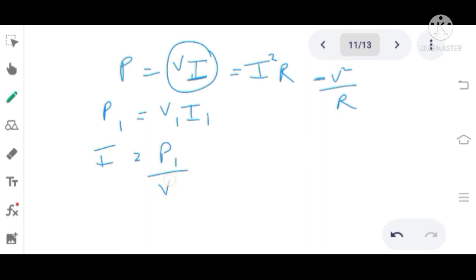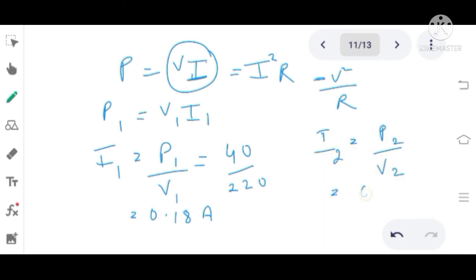So from this, I1 can be P1 by V1. Similarly, I2 will be P2 by V2. Just write step 3 substitution and step 4 calculation. So 40 by 220 is 0.18 amperes. Similarly, calculate I2, P2 by V2, which is 60 by 220, which is 0.27 amperes.